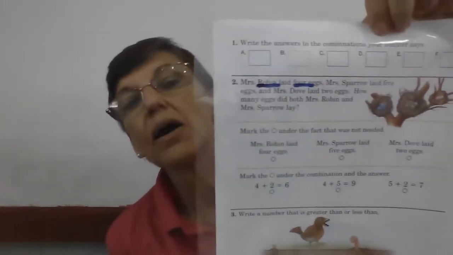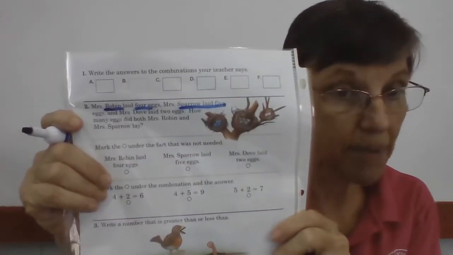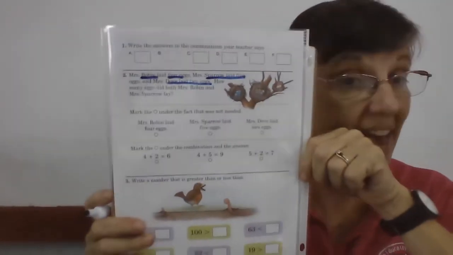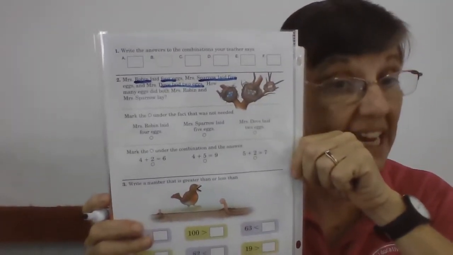It says Mrs. Robin laid 4 eggs. See what I did there? Mrs. Sparrow laid 5 eggs. And Mrs. Dove laid 2 eggs. That's the information that they give you.